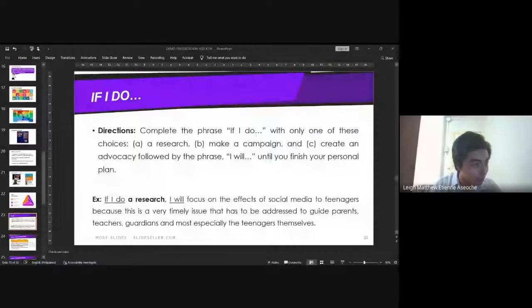Okay, very good. Thank you for that, Mr. Wong. That's also a good advocacy because many of our students right now have a hard time accessing online classes. So that would be a very good advocacy that could maybe be furthered into a campaign.